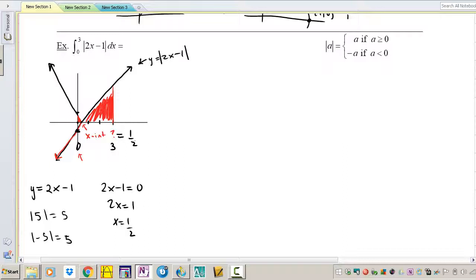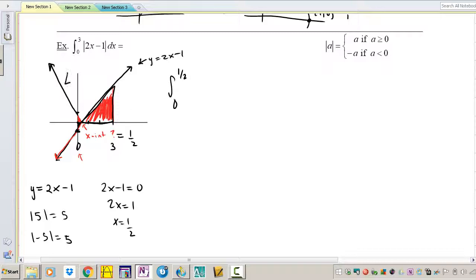Now, you can't take the integral from 0 to 3 of the regular function without the absolute value, because you're going to get negative area. If you can see this negative shaded region, you're going to get negative area plus a positive area, and that'll skew your area. It'll be an incorrect answer. So what you want to do is take the area of this absolute value function from 0 to 1/2.